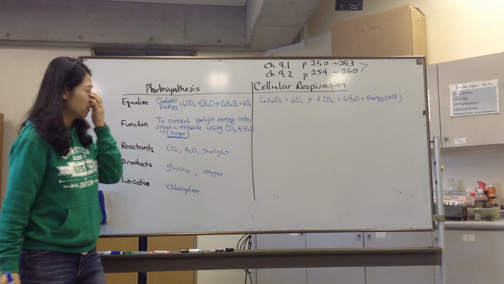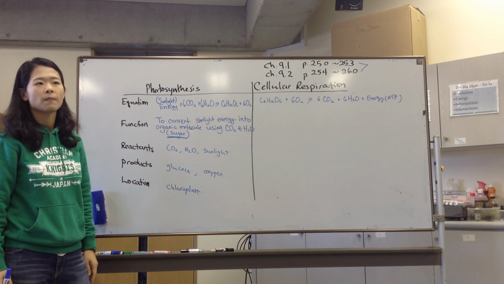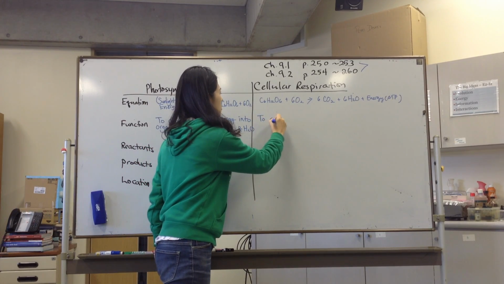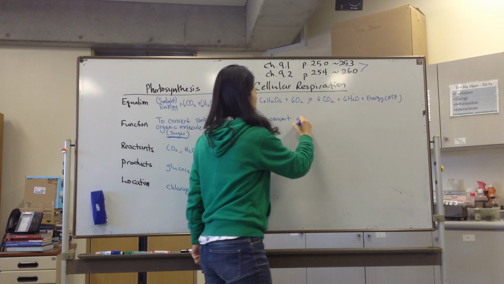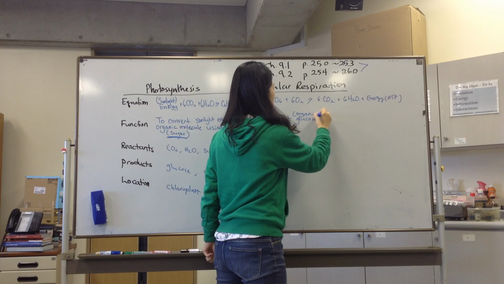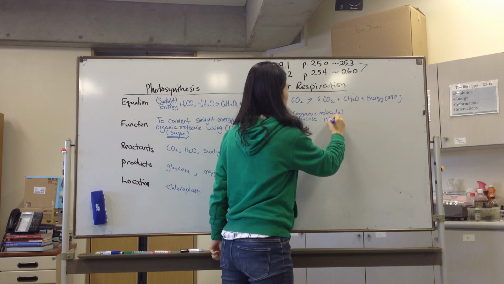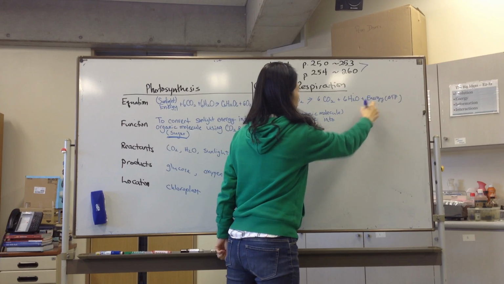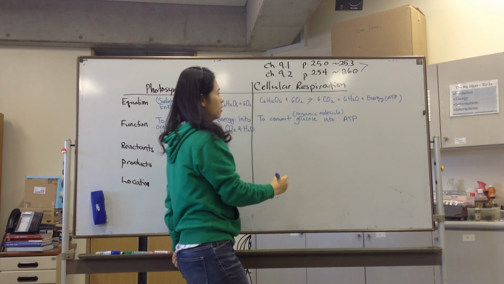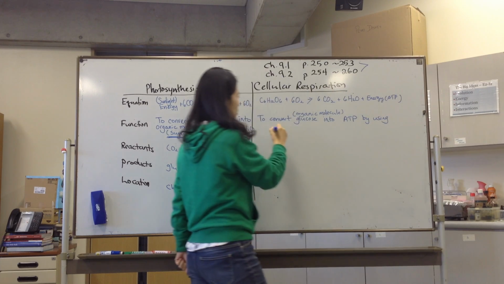Okay, cellular respiration. What is the overall goal of cellular respiration? Okay, Joseph? To convert glucose and oxygen into energy. Okay, glucose or organic molecule into usable form of energy called ATP by using, what did you say, Joseph?